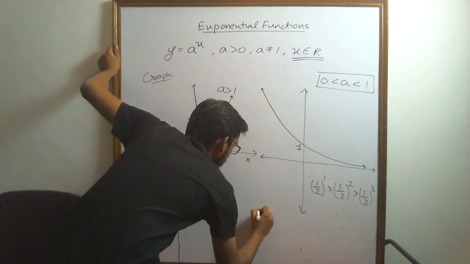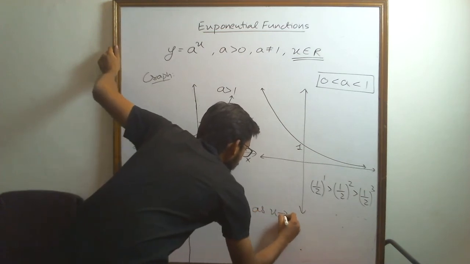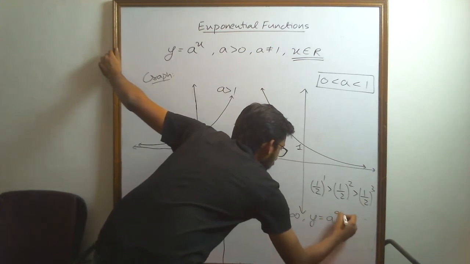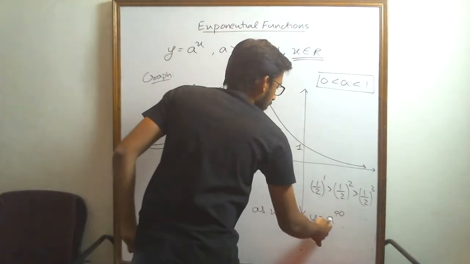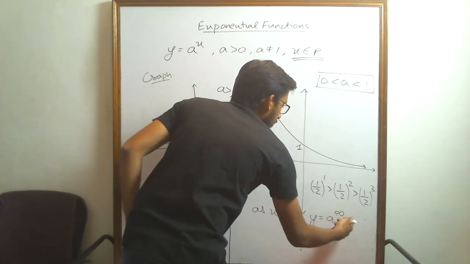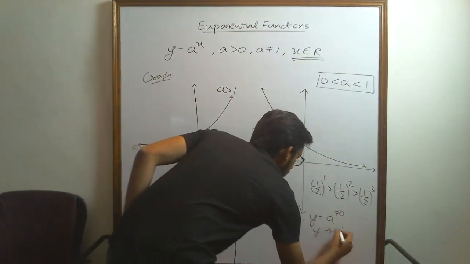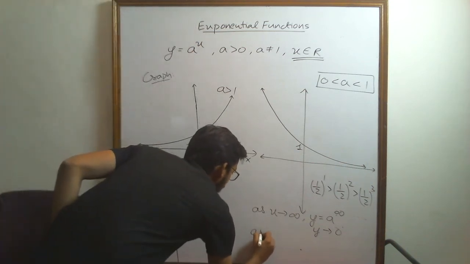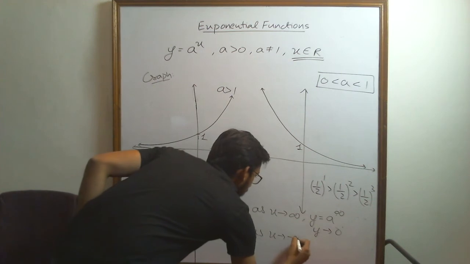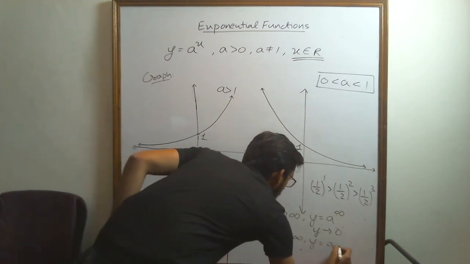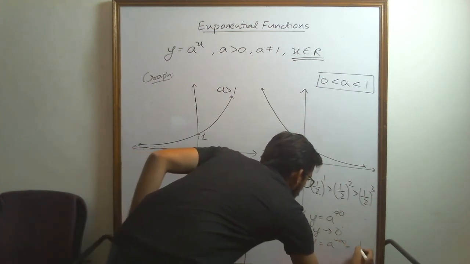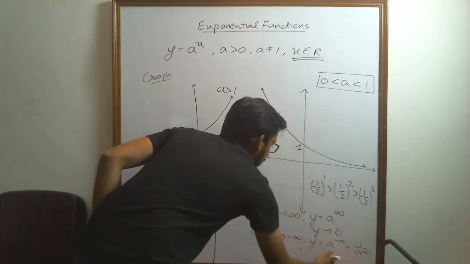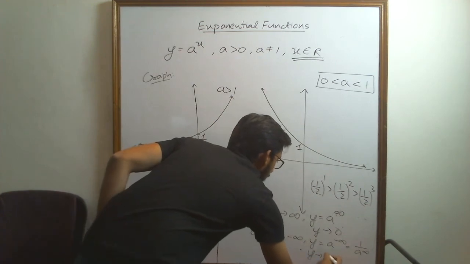Let's see how we get this. As x tends towards infinity, y is equal to a to the power infinity. Since it is a decreasing function here, a to the power infinity will tend towards 0. As x tends towards minus infinity, y is equal to a to the power minus infinity, which is equal to 1 upon a to the power infinity. So the denominator tends towards 0, that means y will tend towards infinity.